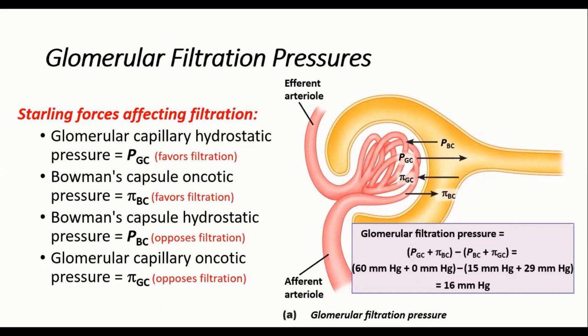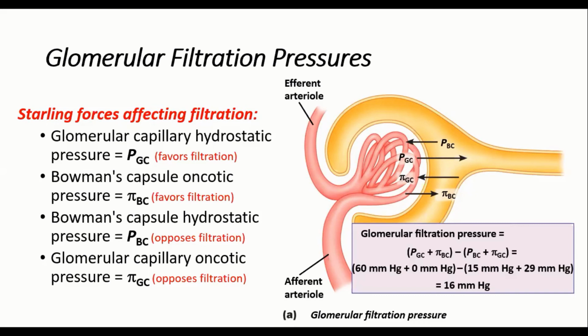So just like when we're talking about capillaries, we have these Starling forces that affect filtration. So we think about our hydrostatic pressure, which is the pressure of the fluid, like the pressure of the water itself from the plasma. And we also have oncotic pressure, which is like the pressure of proteins pulling water towards them. So we went through the forces specific to the glomerulus.